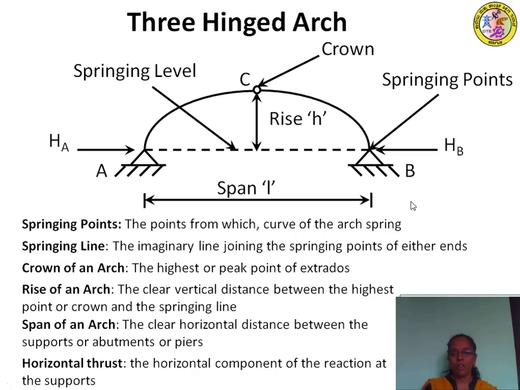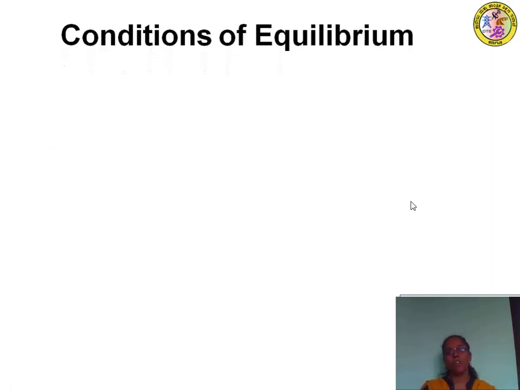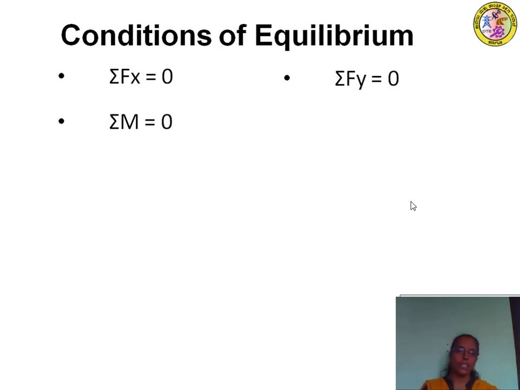Therefore the conditions of equilibrium for a non-concurrent force system: we already know that there are three conditions, that is sigma Fx equals 0, sigma Fy equals 0 and sigma M equals 0. Sigma Fx equals 0 means the algebraic summation of forces acting along the x direction is taken as 0, and sigma Fy equals 0 means the algebraic summation of forces acting along the y direction is 0.